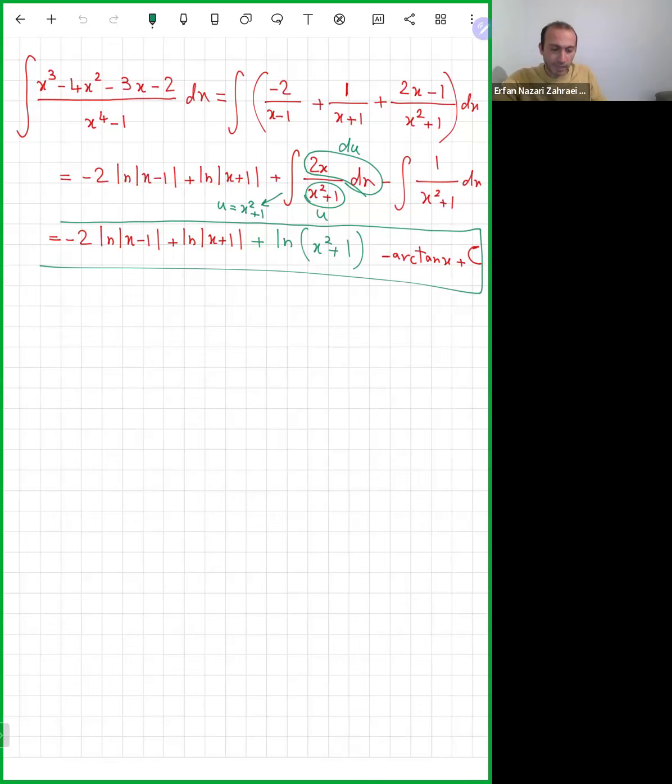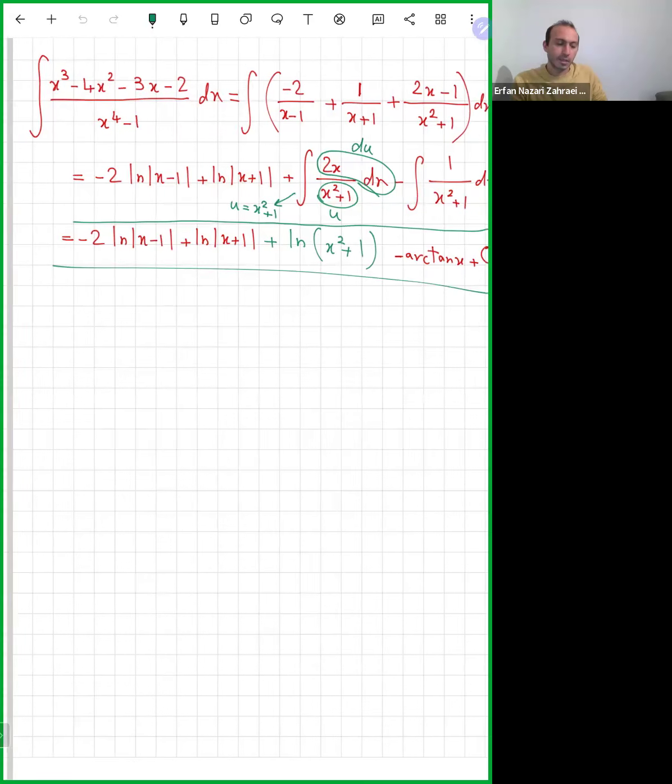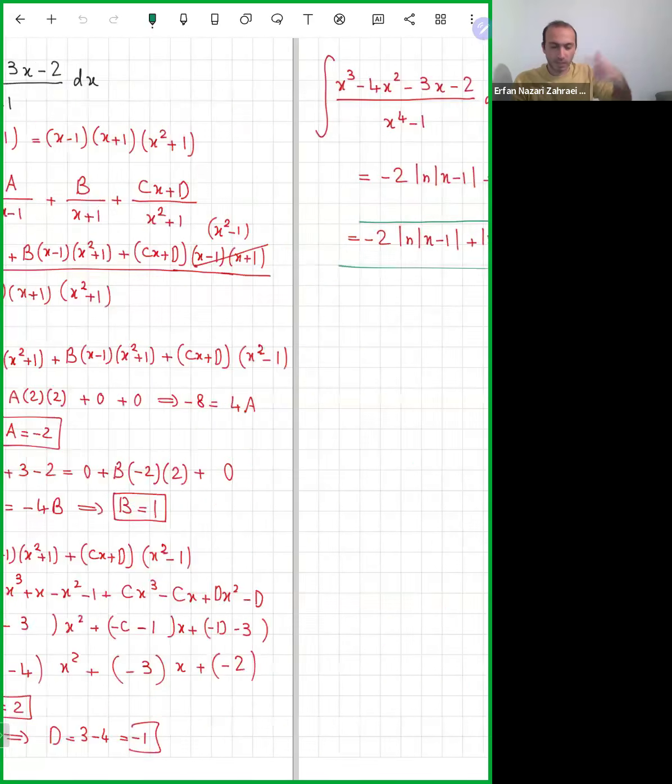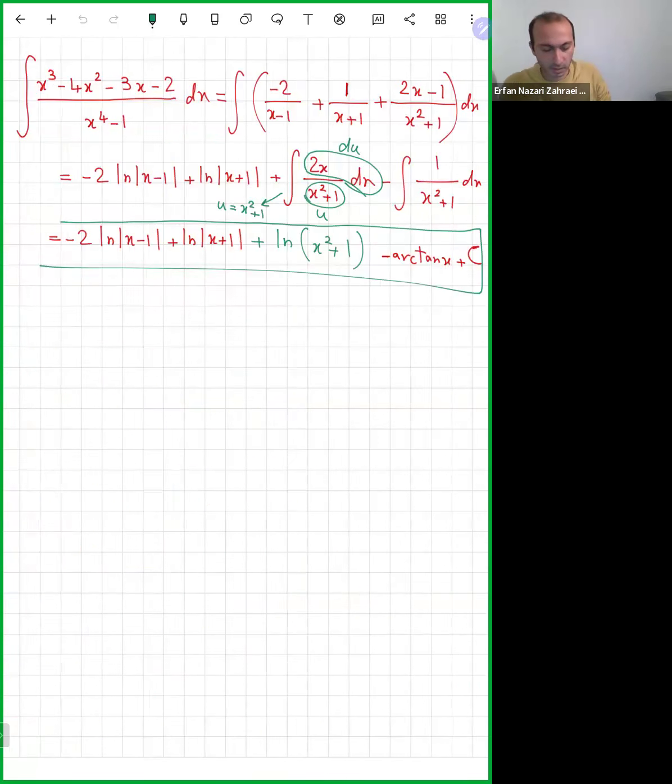Good. Now we have reviewed all techniques of integration after test 1, which was integration by parts, trig substitution, trig integrals, both tangent secant and sine cosine, and partial fraction decomposition. With also one example of volume of a solid of rotation.